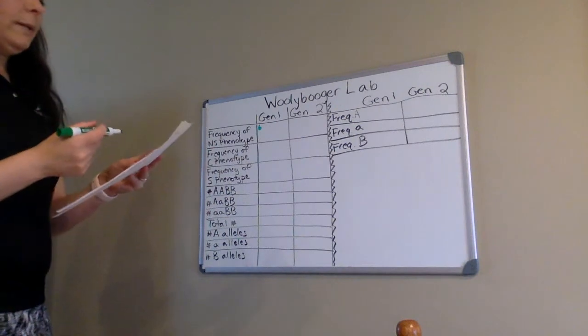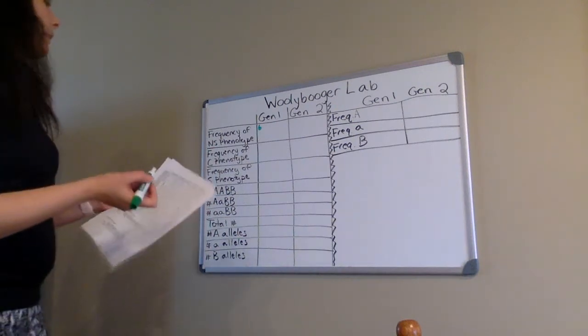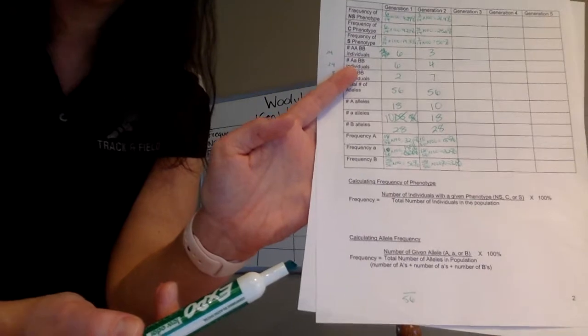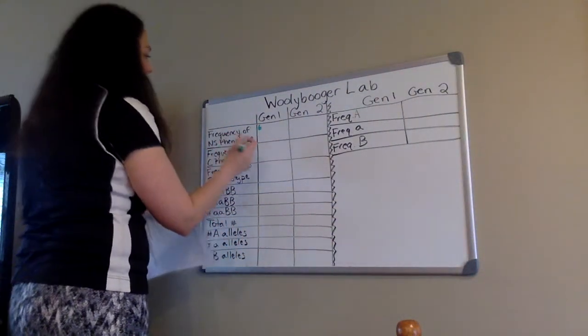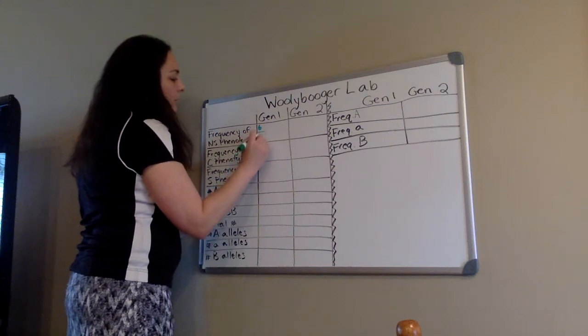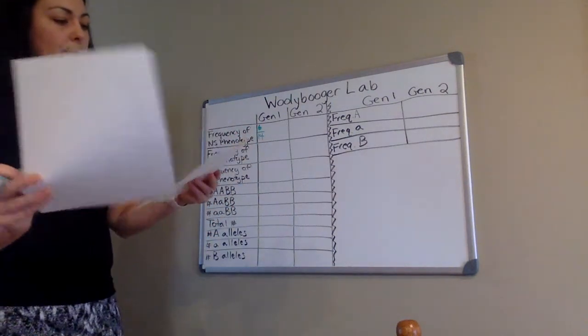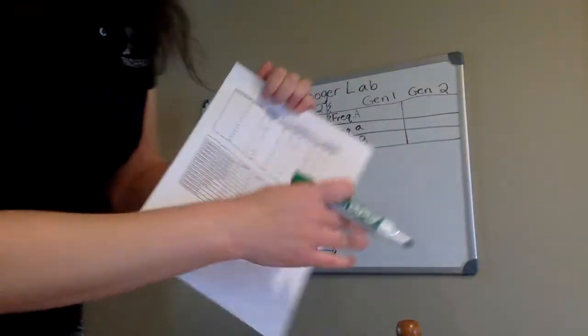But if you see, we want to calculate the frequency of that. To calculate the frequency, and there's an equation at the bottom there, you do the number of individuals having that phenotype over the total number of individuals, which was 14. You know that's 14 because in your data, the total number of individuals playing the game was 14.